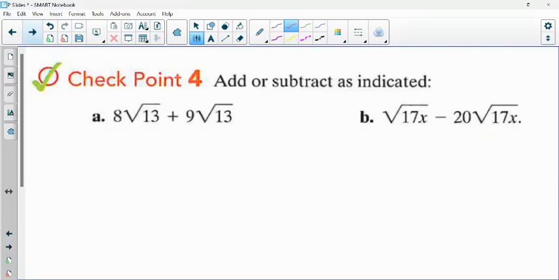Okay? So for A, our root 13s are the same. So we're just adding our coefficients. 8 plus 9 is 17. And we leave our radical as root 13.